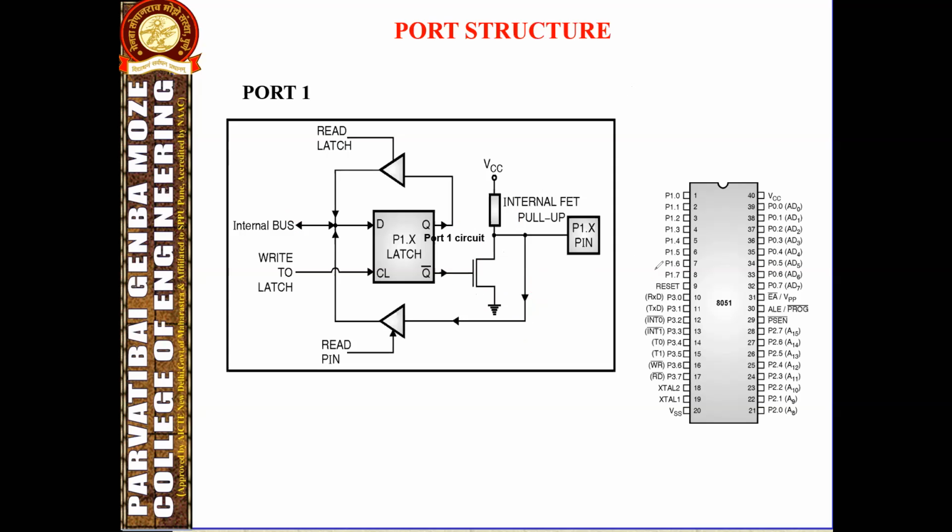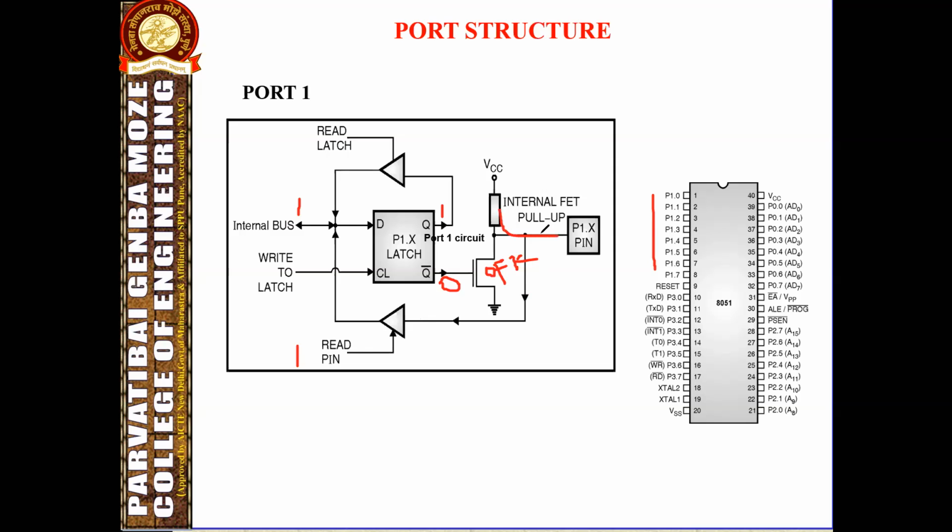So how do we make these pins high? I am giving a high signal here. The output is also high, and the gate terminal of the FET will become 0. After getting the 0 signal, this will become off. If I want to read these terminals, I give a high signal here, then this becomes on.